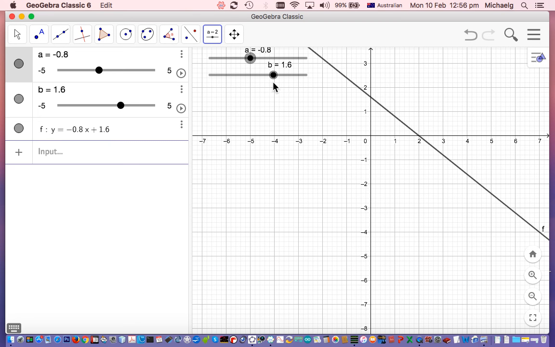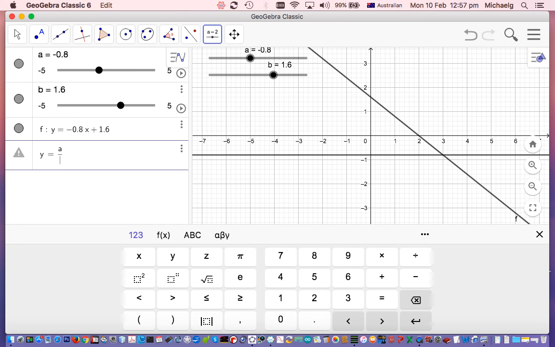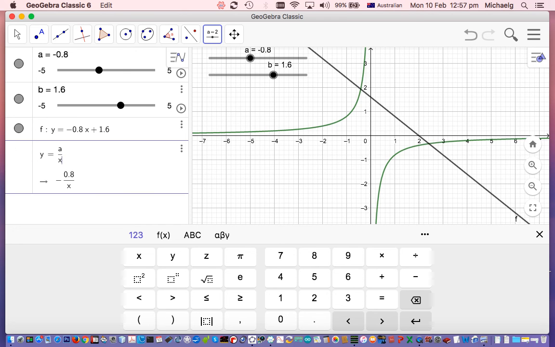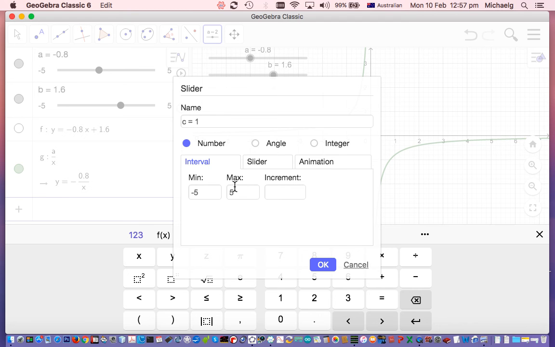For inverse proportionality, we could go y is equal to A divided by x. There we are. Enter. Now I'll turn off this line here by switching this off.